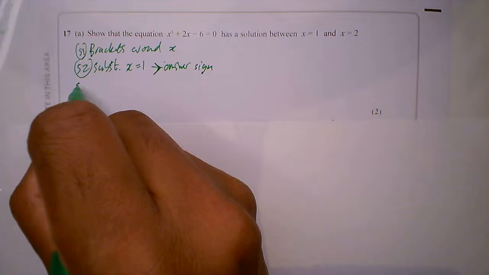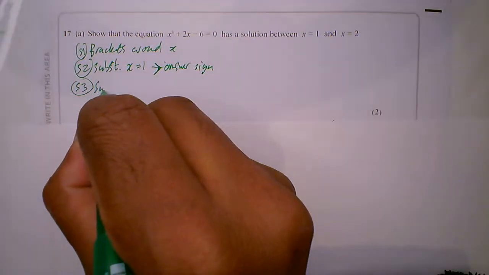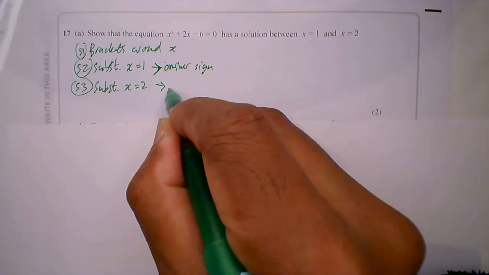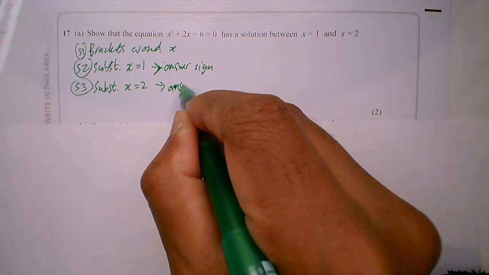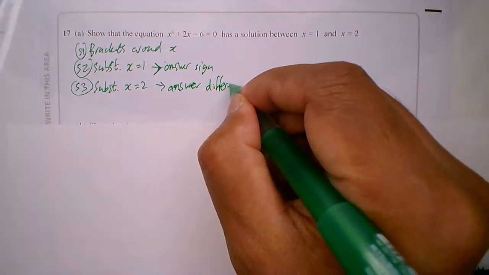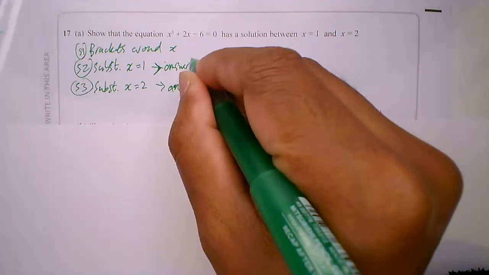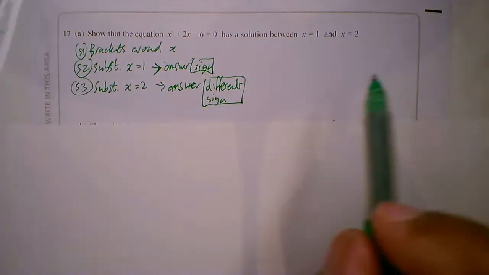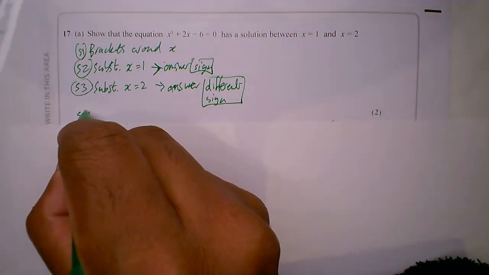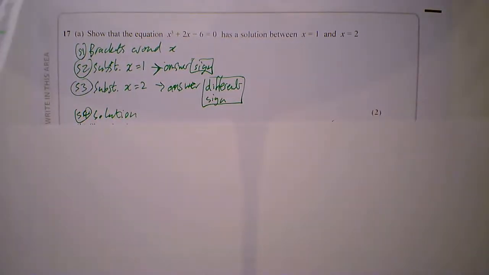Step 3 is I substitute x equals 2, and it's going to give me an answer with a different sign. That is the key to this question, and that will tell me that it's a solution.